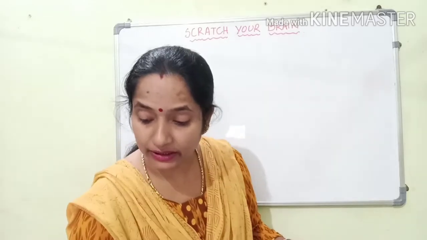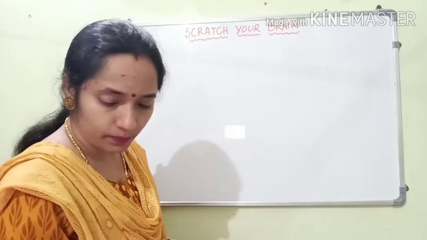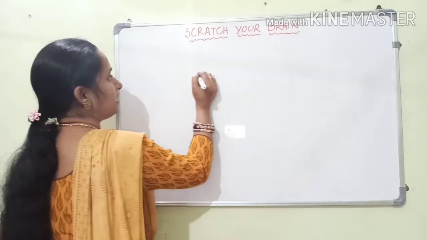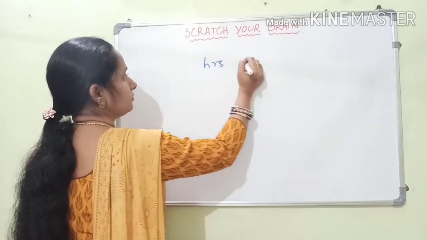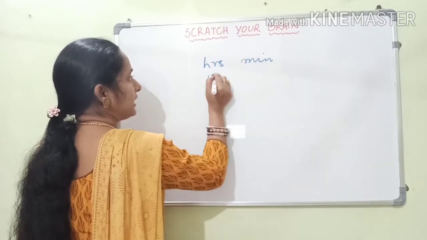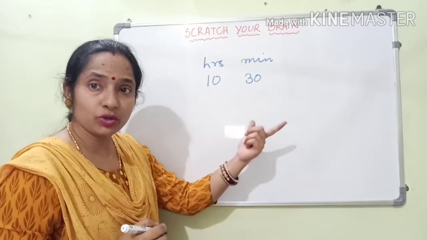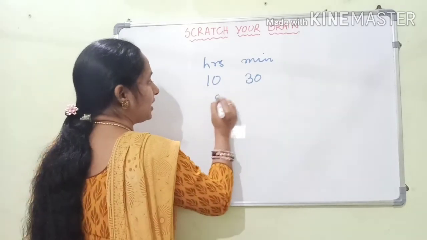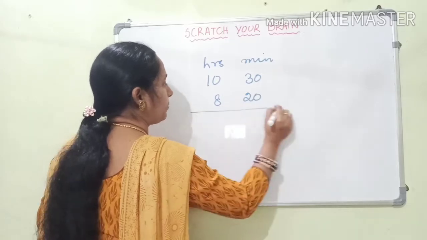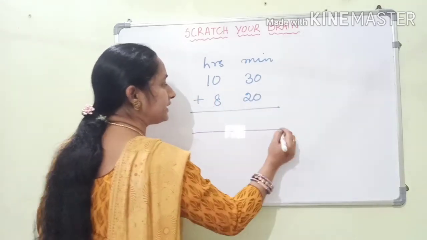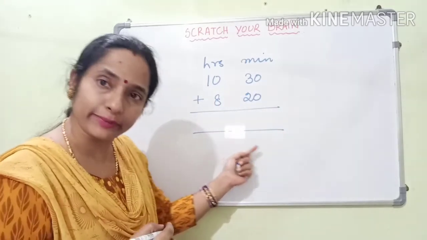By adding these two, we can get the time at which the movie marathon came to an end. So, what is the initial time? The initial time is 10 hours 30 minutes. And what is the time duration? It was 8 hours 20 minutes. Now by adding them both, we will get the end time.